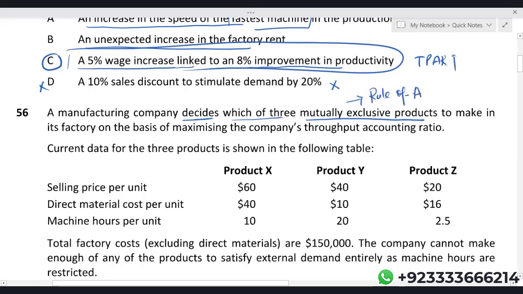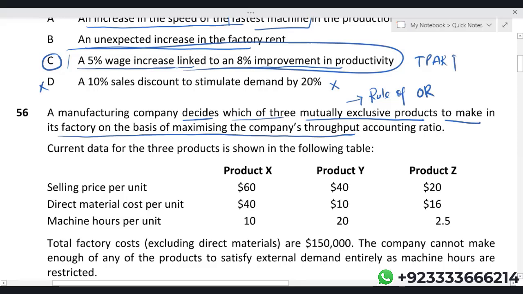For example, if 2 products A and B are mutually exclusive, either you will be working on A or you will be working on B. So all the products are mutually exclusive, and the decision is made on the basis of maximizing the company's throughput accounting ratio.